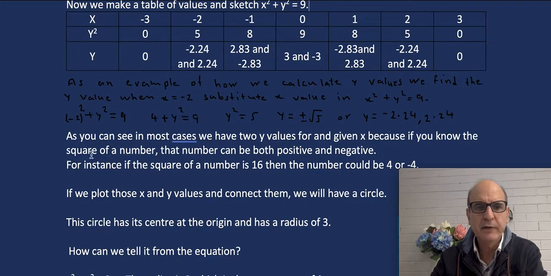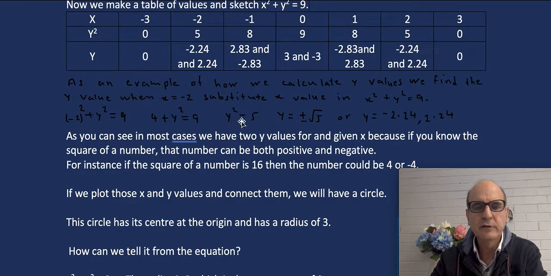Replace x with -2, but because it's a negative, put it in a bracket and square it. So that's x squared, which is -2 squared, plus y squared equals 9. -2 squared is 4, so 4 plus y squared equals 9. Take 4 from both sides of the equation. If you take 4 from this side, this 4 will disappear. You end up with only y squared. And if you take 4 away from 9, you end up with 5.